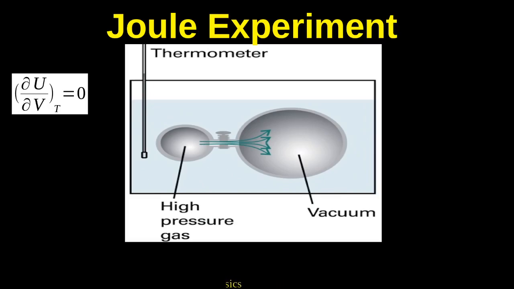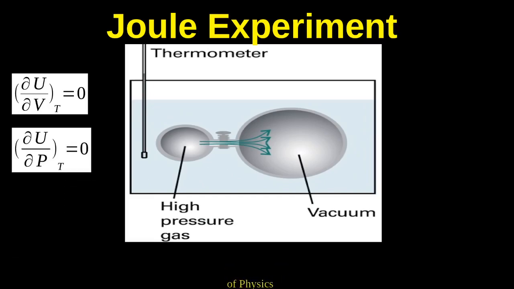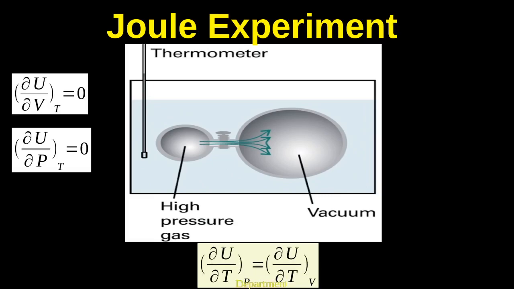So we get the change in internal energy with change in volume at constant T equal to 0, (∂U/∂V)_T = 0. Similarly, the change in internal energy with change in pressure at constant T is equal to 0, (∂U/∂P)_T = 0. So (∂U/∂T) at constant P is equal to (∂U/∂T) at constant V. Here ∂U/∂V and ∂U/∂P equal to 0 imply that the internal energy of the system does not change with volume or pressure as long as the temperature remains constant.